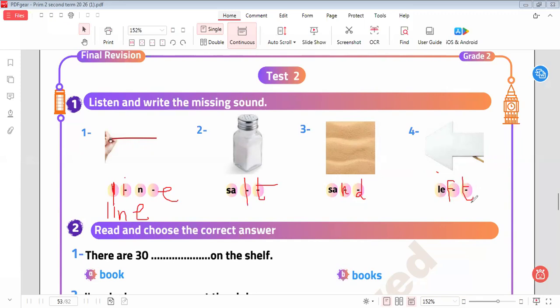It is called salt. Okay, here salt. Let's go to another one.